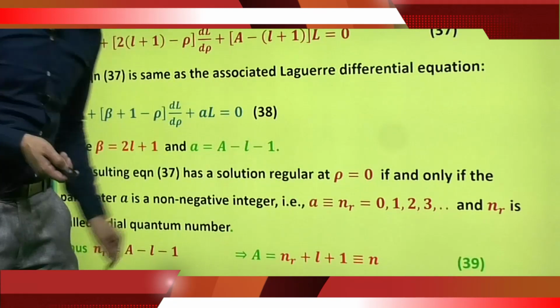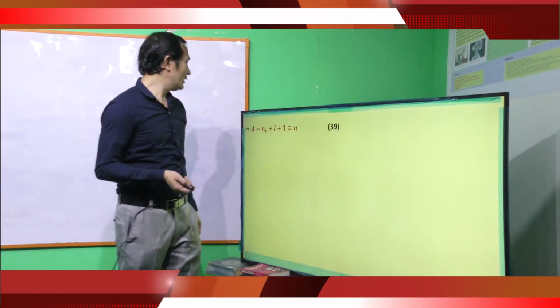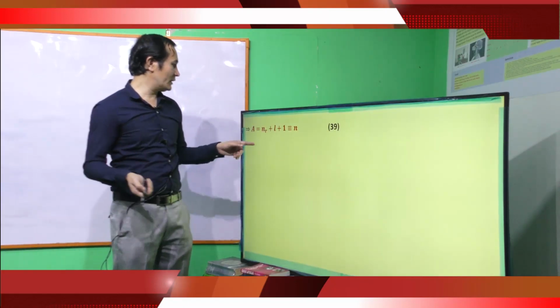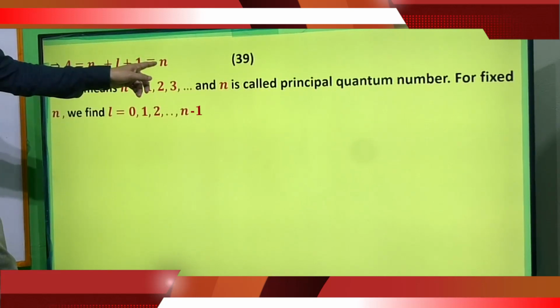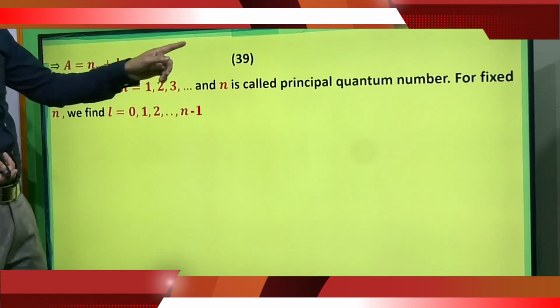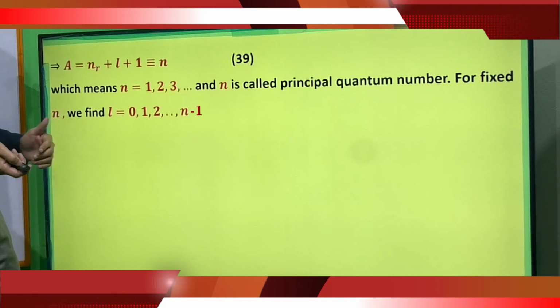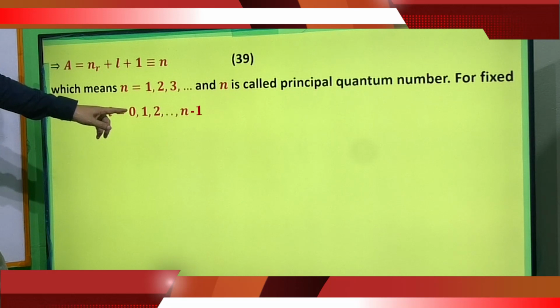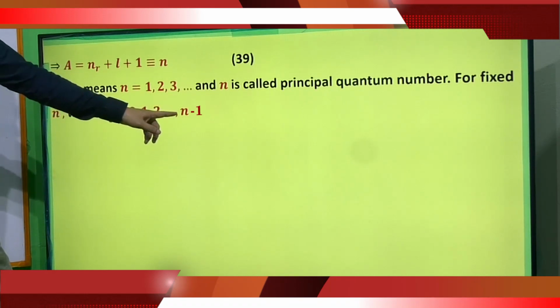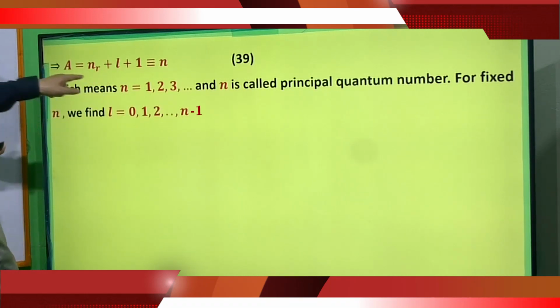Let us call it small n. Later on that small n will be known as the principal quantum number. So these are the possible values of L, from 0, 1, 2, 3 up to a maximum of n, and you can know it from this expression.